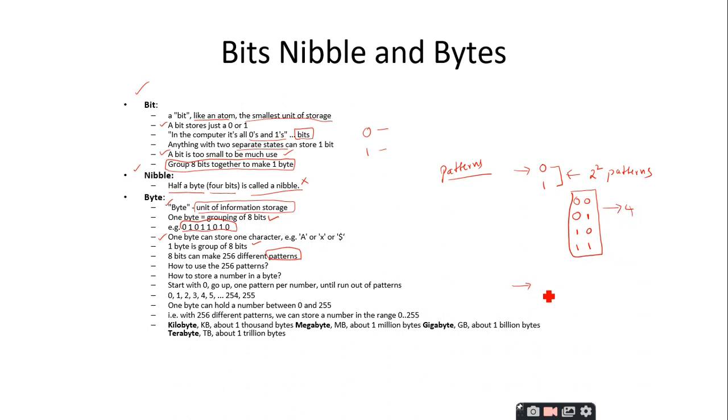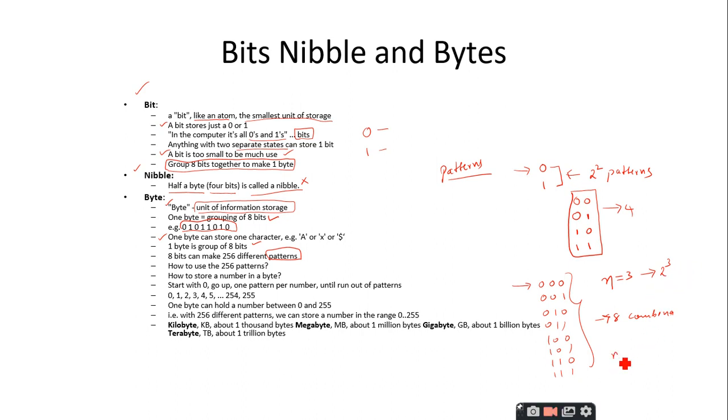Let us take 3 bits. 0 0 0, the first combination I am taking. And if I write the combinations like this, I can have this one. Total of 8 combinations. So when the number of bits n is equal to 3, we have 2 cube patterns, that means 2 power n patterns.